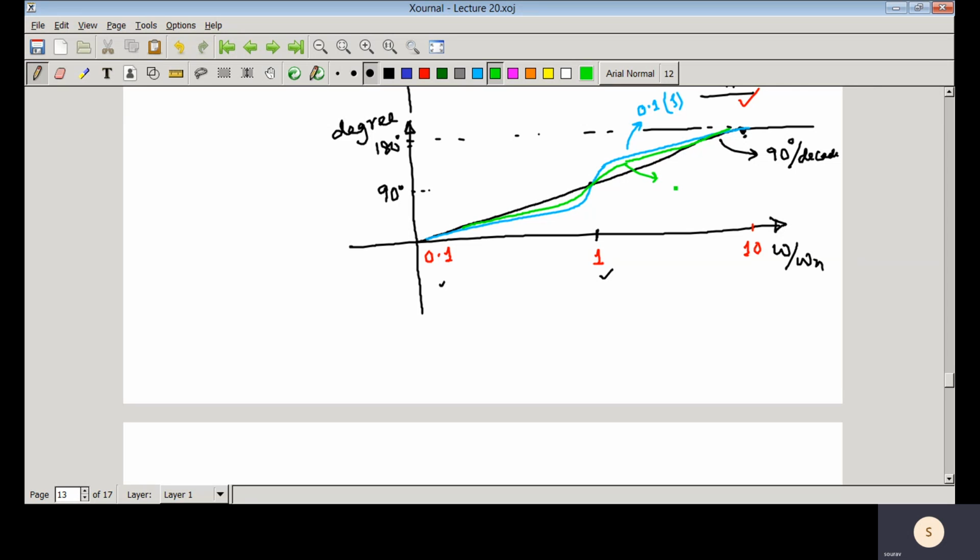So this is say zeta 0.3, like this. That means there is a correction, and the black one is zeta equal to 1. This is zeta equal to 1.